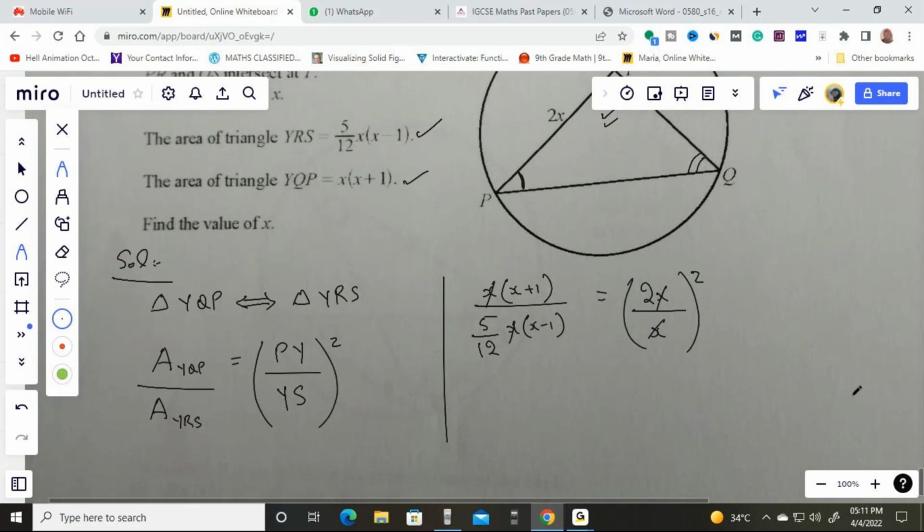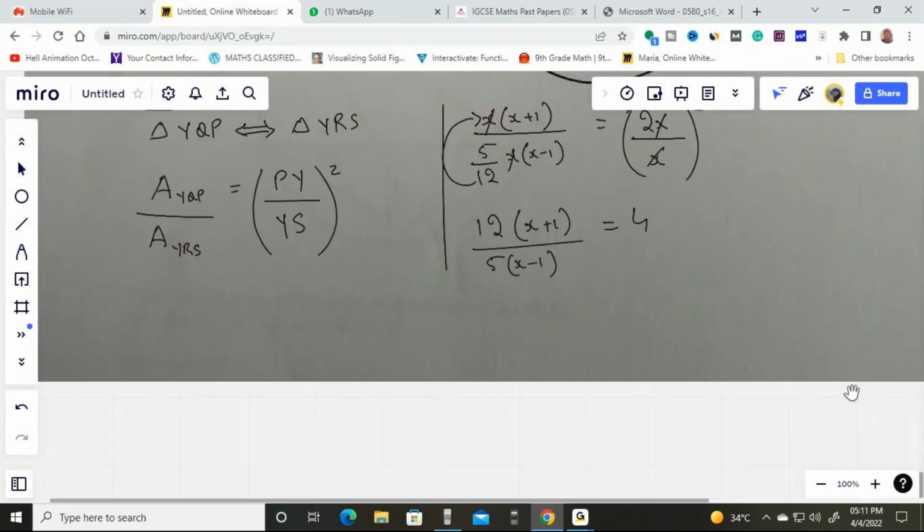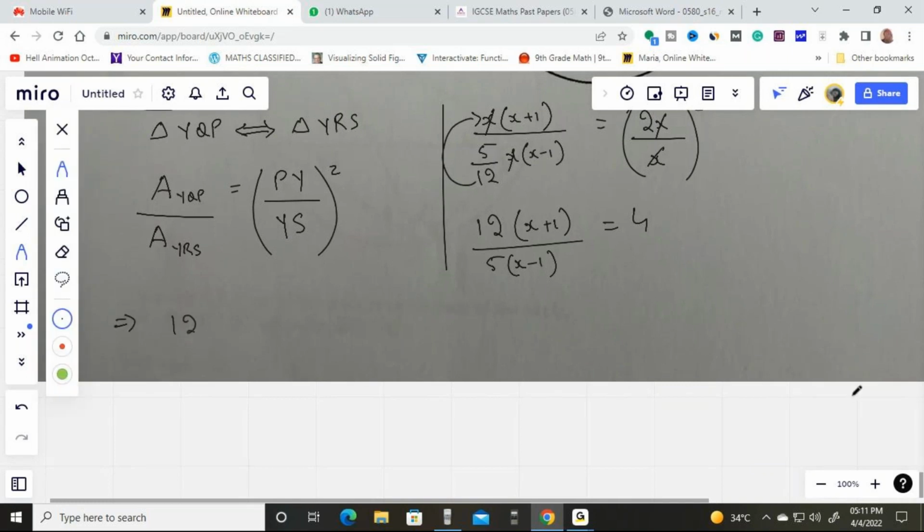I'm having simply 2 inside left. Now this 12 will go here. 12 times x plus 1 upon 5 times x minus 1 is equal to 4. Now you can simplify and get your x answer, because this is going to give you a linear equation. Now I'm shifting this denominator over here.